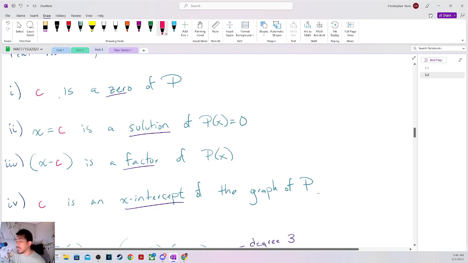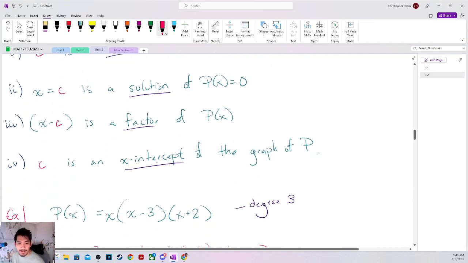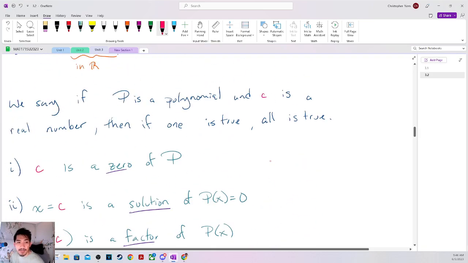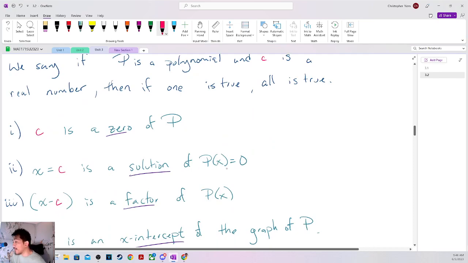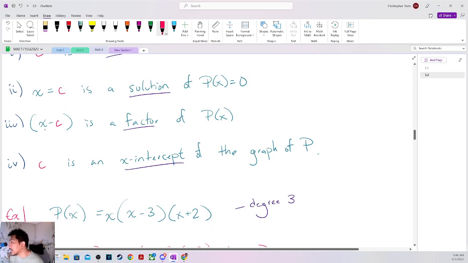If c is a zero of p, well, it also has to be an x-intercept. c is an x-intercept of the graph of p. Well, if it's an x-intercept of the graph of p, it is also a solution of p of x equals 0. And lastly, x minus c is a factor of my polynomial expression.